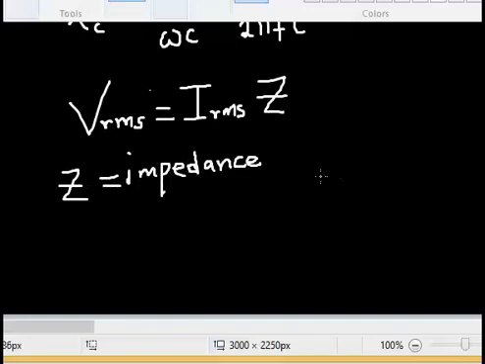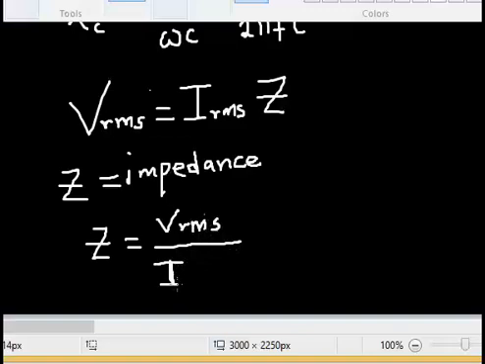So if I want to get the impedance from this formula, I just get the root mean square value of the voltage divided by the root mean square value of the current, V RMS over I RMS.